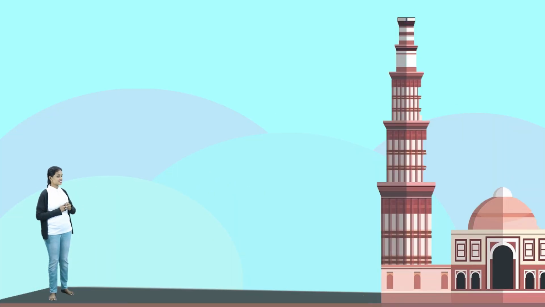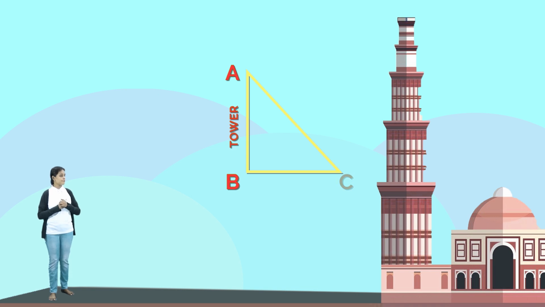Here, first let's draw a simple diagram to represent the problem. Here, AB represents the tower, BC is the distance of the point from the tower and angle ACB is the angle of elevation. We need to determine the height of the tower, that is AB.